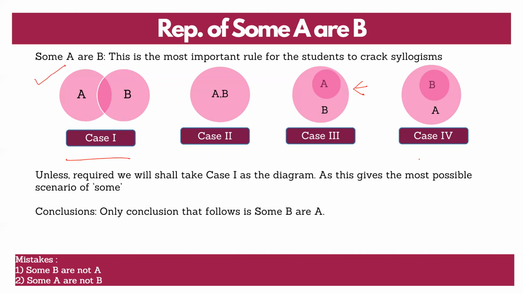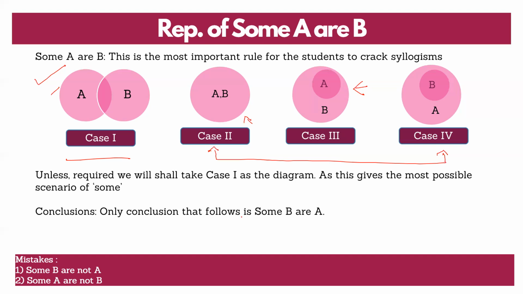I'm not saying that you draw all the four diagrams. When drawing, you should draw the most common diagram. But you should also remember that there are other possibilities which exist. This is for your remembrance, that these possibilities exist, right? Because of case number two, "some A are B" does not mean that "some A are not B", and even case number three could be taken like that.